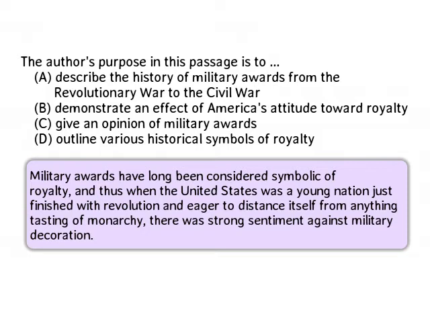The author gives historical facts about military awards as details to support the main idea. Since the purpose is determined from the main idea and the overall organization of details, the author's purpose is to describe, explain, and demonstrate that America's sentiment against military awards is because of its negative sentiment against royalty. So, the best answer to this question is B.